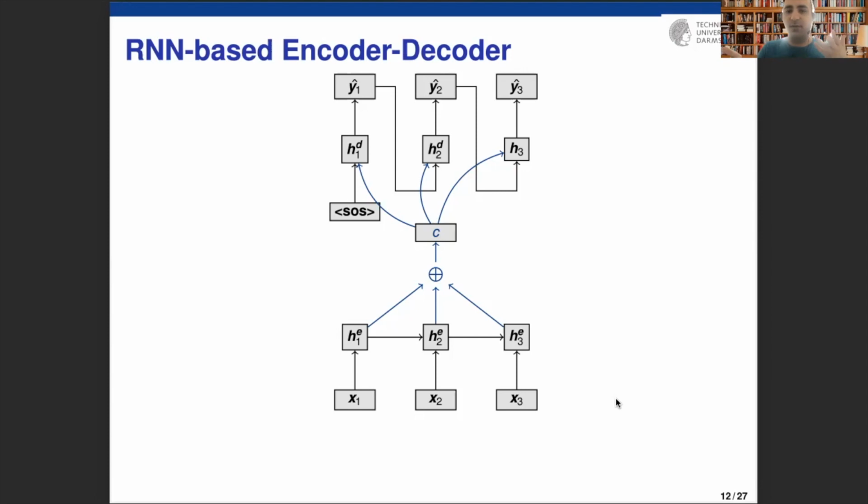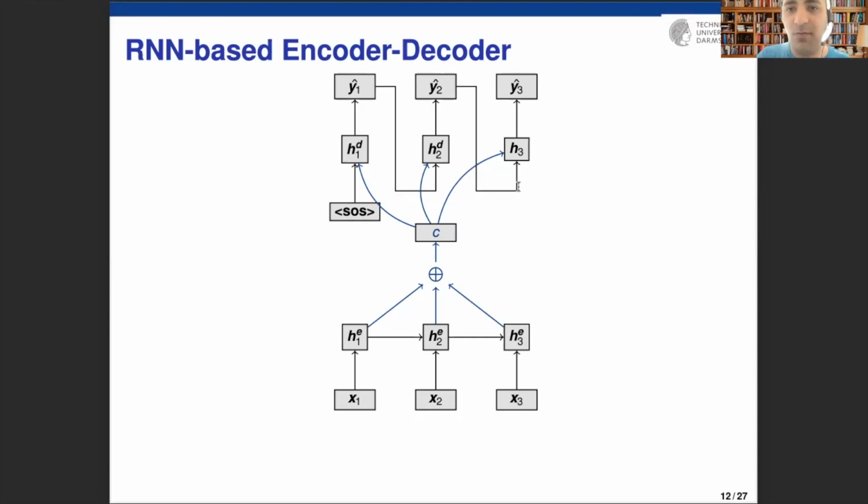So we compute the average over all hidden states in the encoder, and we take the output of this average function, or the mean pooling, as the context vector. And then we feed this context vector to all the hidden states in the decoder.